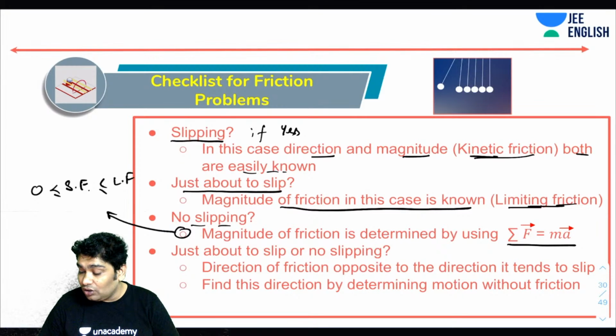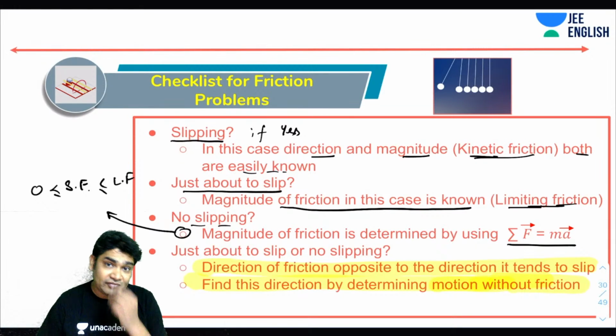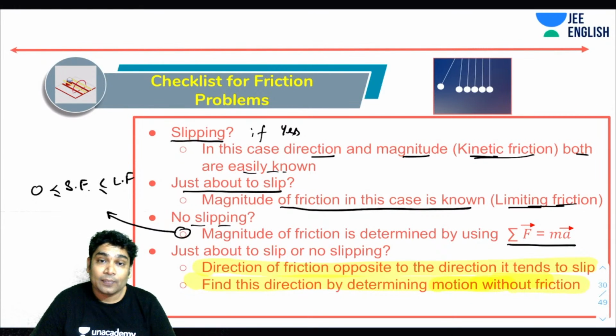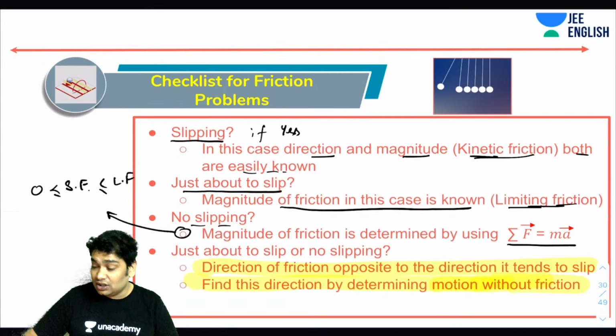The direction of friction is opposite to the direction it tends to slip, and to judge this direction, you find the direction of motion without friction. Imagine if friction had not been there, so you can imagine all your surfaces to be frictionless, and then how would they have moved? The direction in which any object would have moved in absence of friction would be the direction of tendency of slipping in presence of friction. That's the easiest way to judge this direction.